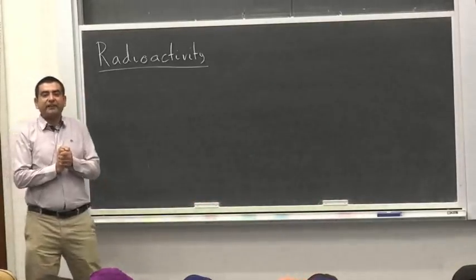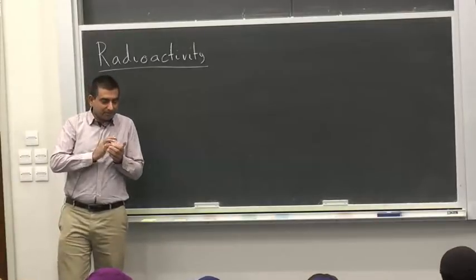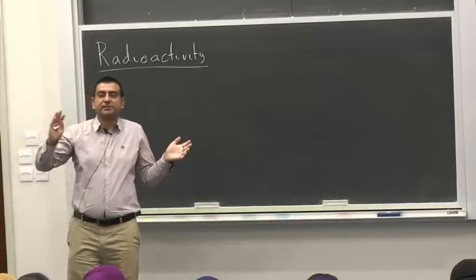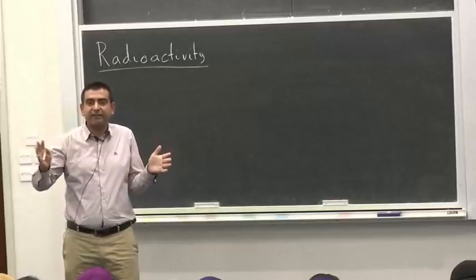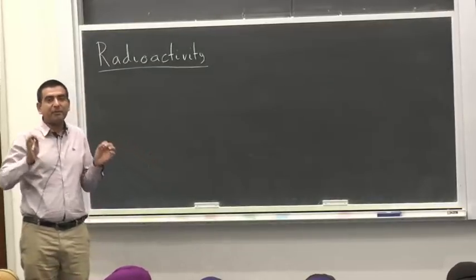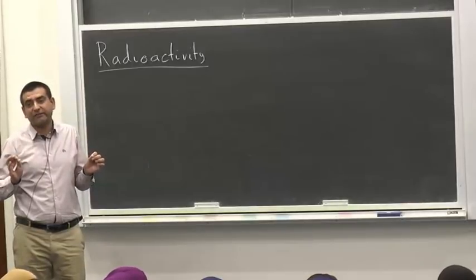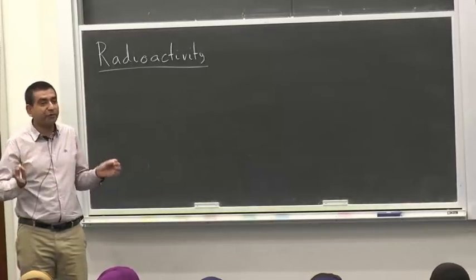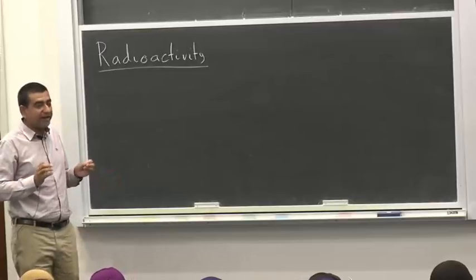So quantum mechanics is like a victorious player in all the theories that are aimed at describing nature. And one of the major triumphs of quantum mechanics is the explanation of radioactivity. Now, why is that?